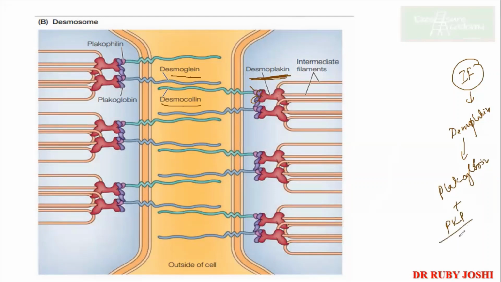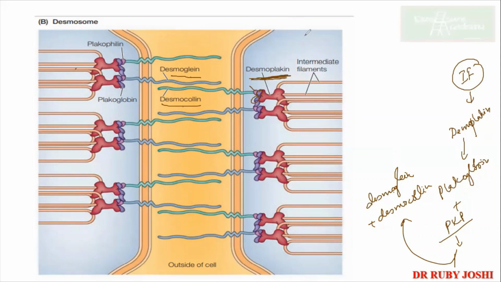Now these are then attached to your desmoglein and desmocollin. Okay, that is one side. Now desmoglein and desmocollin of another cell, again plakoglobin, plakophilin, then again you have got the desmoplakin and the intermediate filaments. Okay, so this is desmosomes.